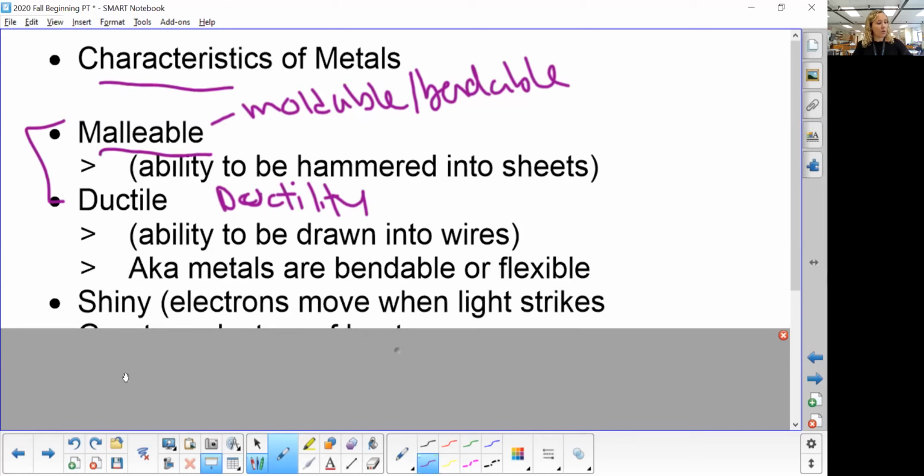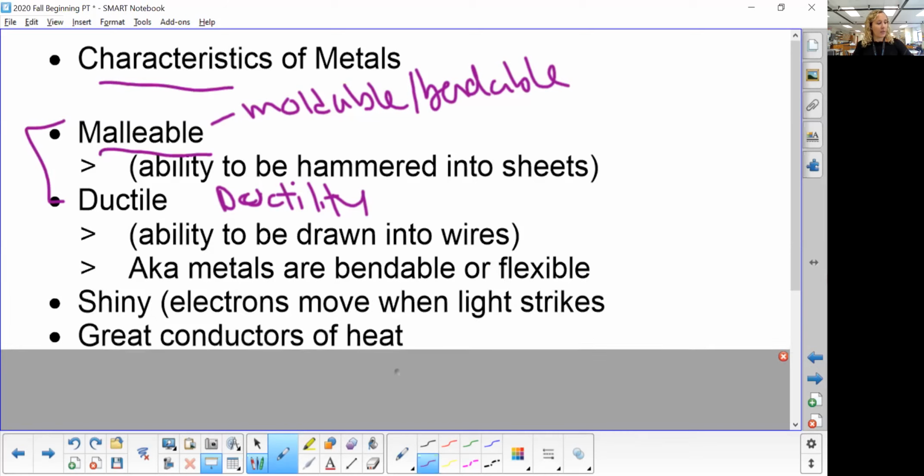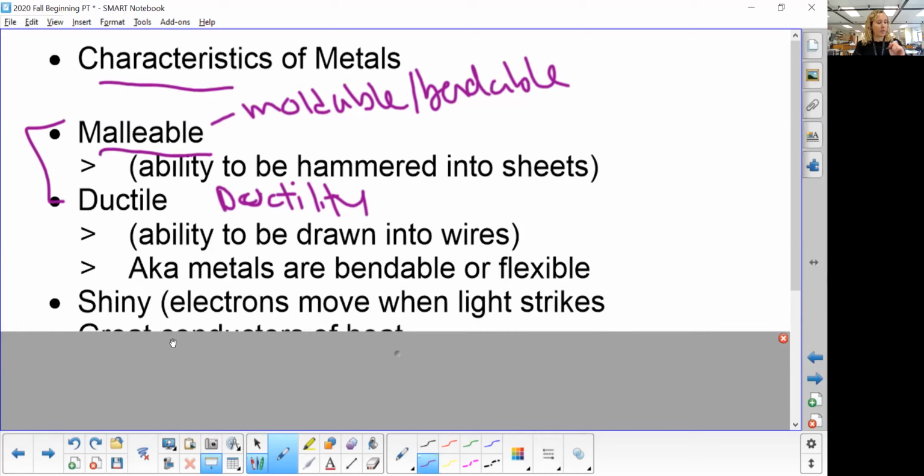They also are shiny, okay? Okay, I missed a word there. So we've talked about light and what color something is, okay? But we haven't talked a lot about how electrons get held by atoms. And so the reason that you get the luster and the shine from metals is that they actually hold their electrons pretty loosely, okay?